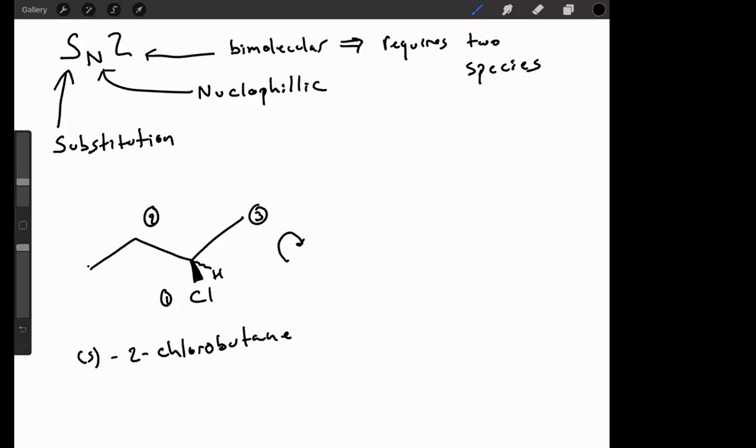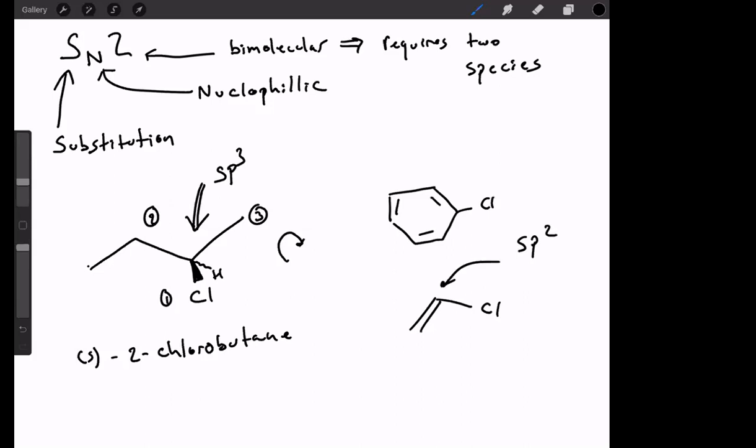Here's what we need to know about Sn2 reactions. If we recall, the hybridization of this particular carbon is sp3. If I were to think about something that is attached to a benzene ring, like this, or even a double bond like this, then these are both sp2 hybridized carbons.